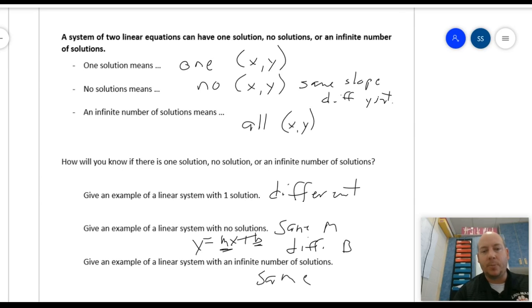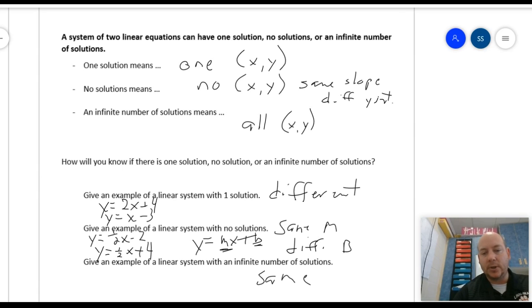So if we're going to talk about examples, an example of a linear system with one solution? All of our previous ones we've done have been one solution. y equals 2x plus 4, y equals x minus 3. They're just different. They have different slopes, different y-intercepts. Give an example of a linear system with no solutions. That's going to be parallel. So like y equals 1 half x minus 2, y equals 1 half x plus 4.